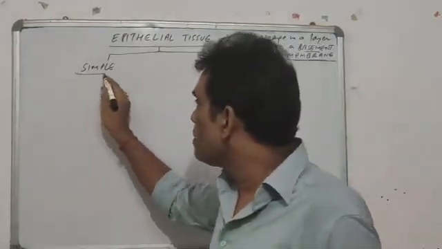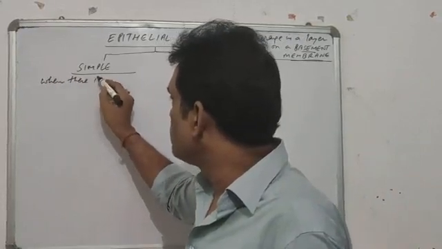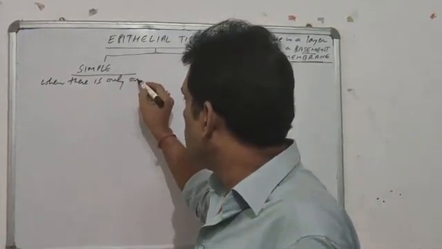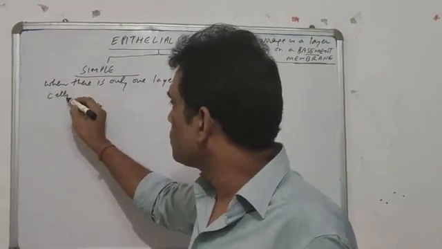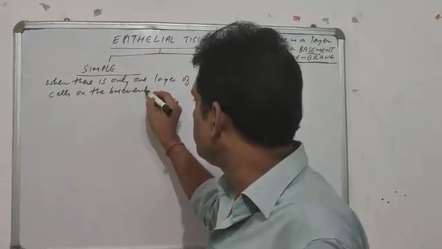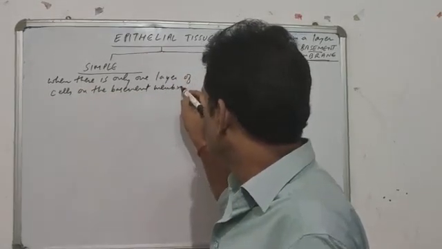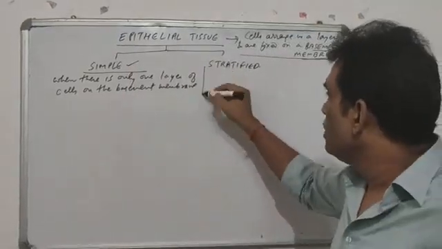Now, what is a simple epithelial tissue? When there is only one layer of cells on the basement membrane, such epithelial tissue is called simple epithelial tissue.